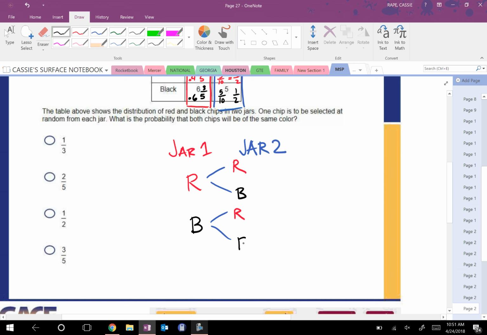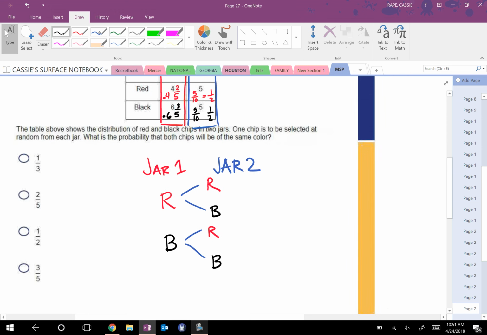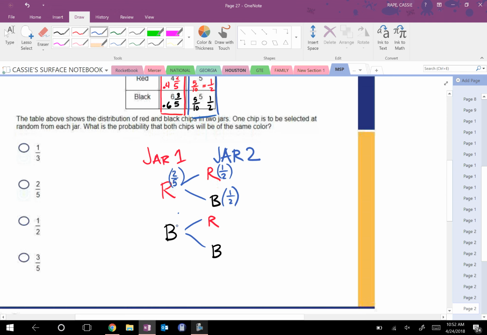So what you're going to do is apply the probabilities to each of these. The probability of red is 2/5 in the first jar, and it's 1/2 in the second jar. The probability of black is 1/2 in the second jar, and in that first jar, the probability of black is 3/5.